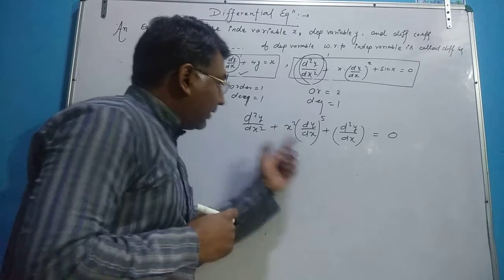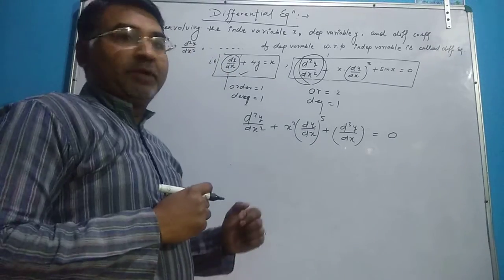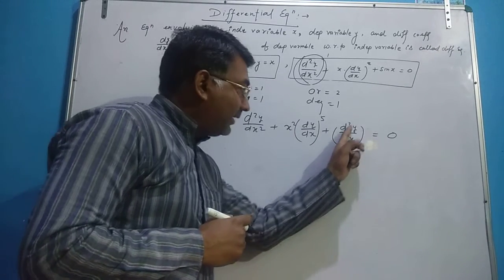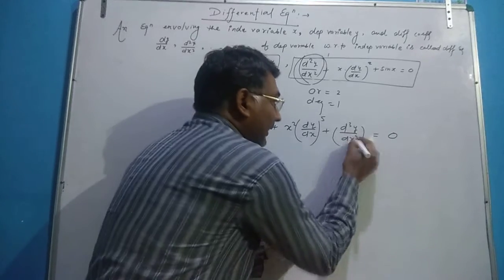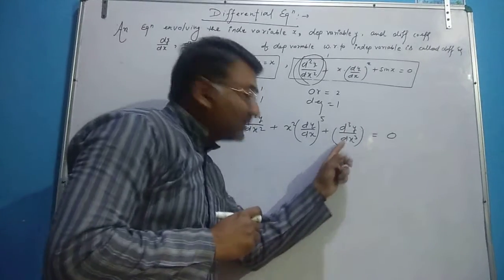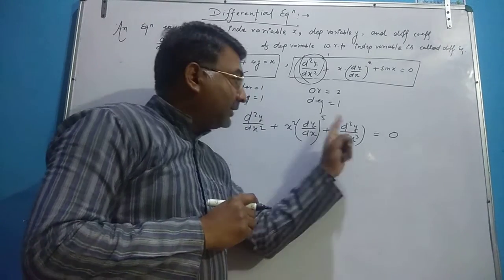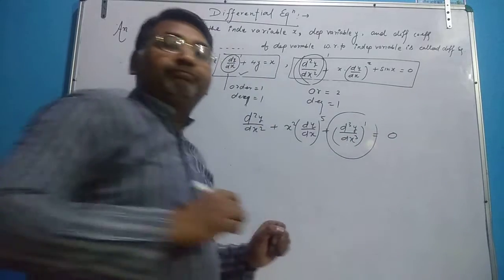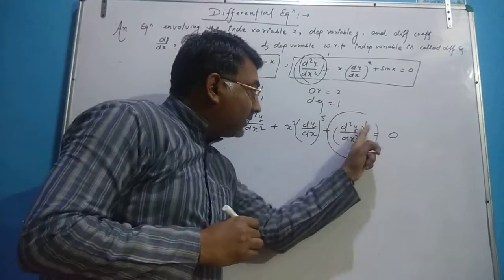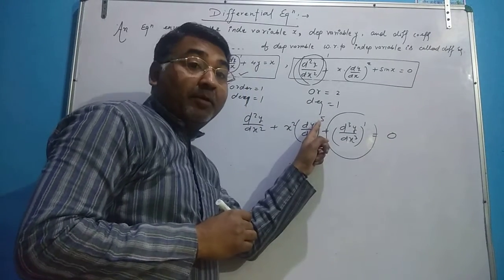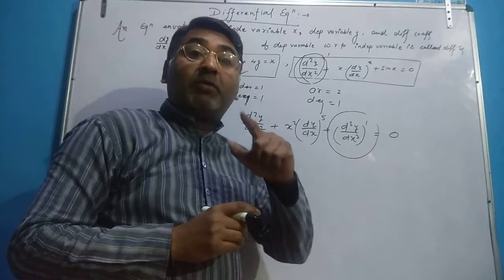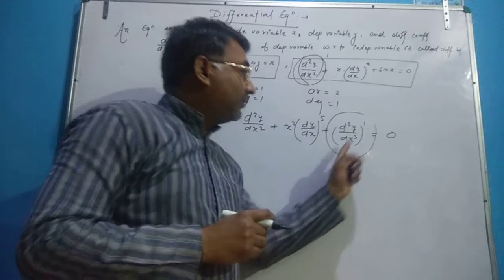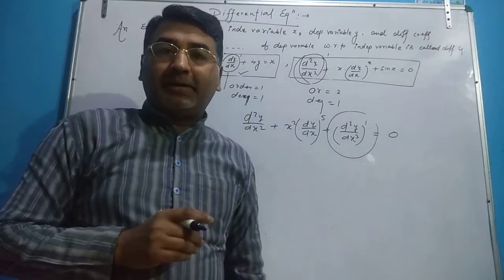The order is the maximum derivative, which is the third order derivative, d3y by dx cube. So the order is 3, and the degree is 1, not 5, because the degree is the exponent of the higher order derivative. The exponent of the higher order derivative is the degree, right?